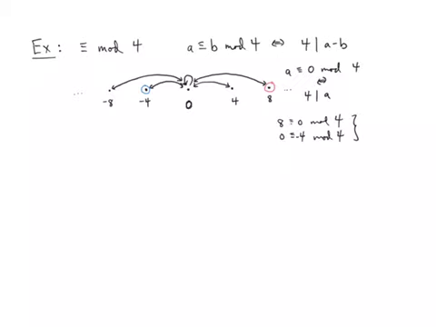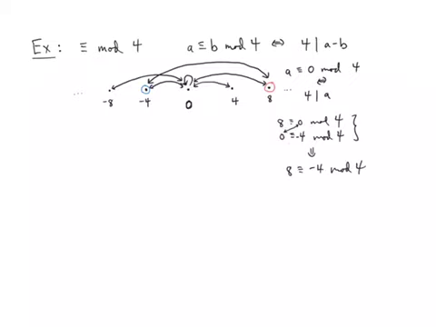And then because the zeros match here, by transitivity, that implies that 8 is equivalent to negative 4 mod 4. And so there must also be an arrow connecting 8 to negative 4, and thereby the reverse arrow as well.